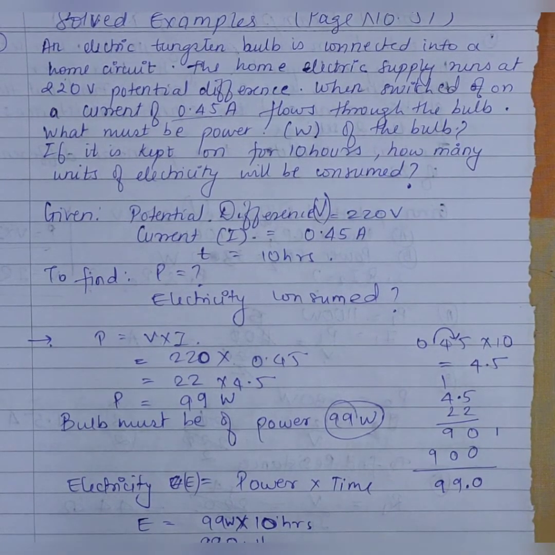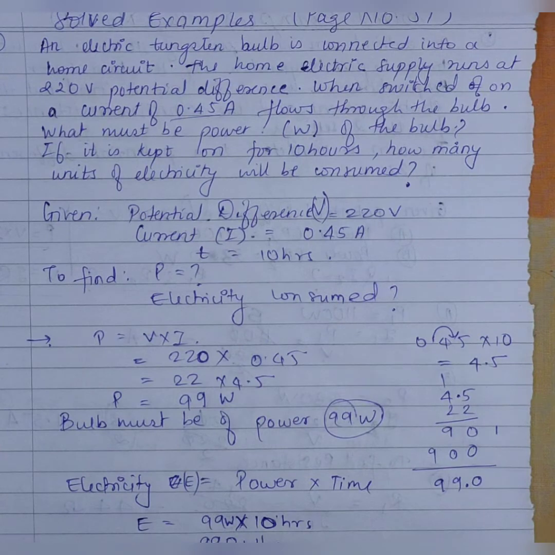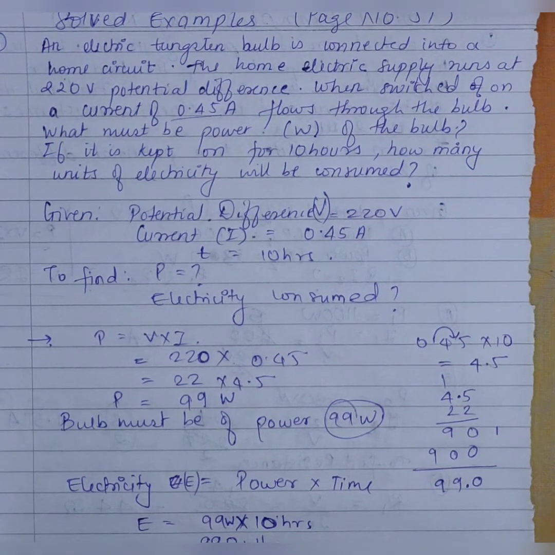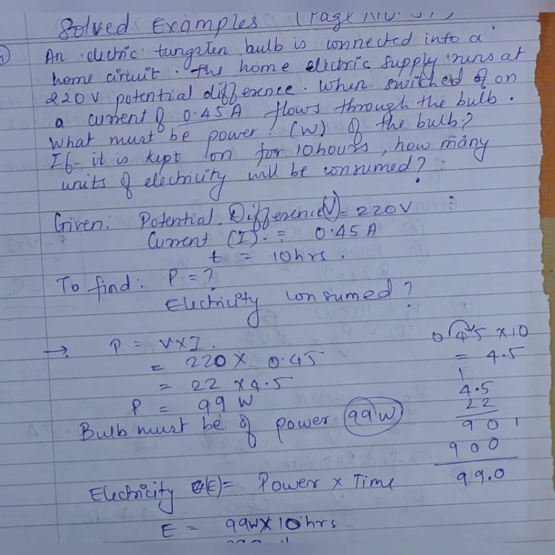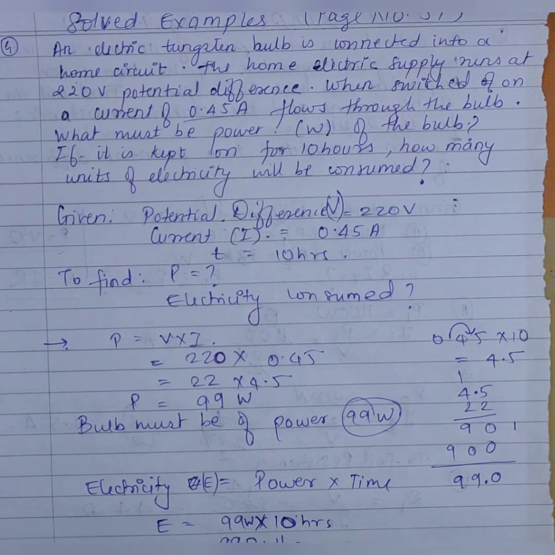Why did I divide this by 1000? Because K is nothing but 1000. So when I multiply something by a number, I also have to divide it by the same number. Kilo is nothing but 1000, so I have multiplied the sum by 1000 and therefore I am dividing it by 1000.